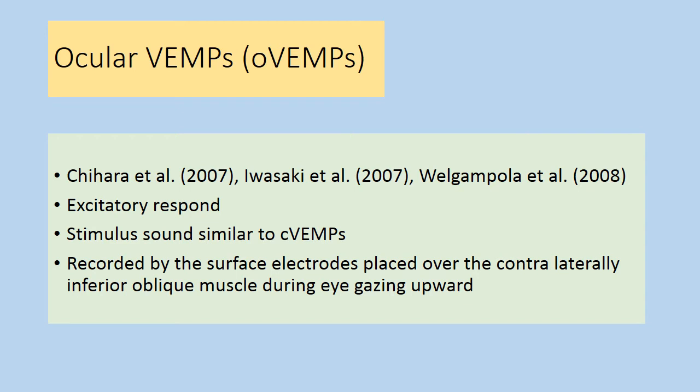OVEMPs can be recorded by surface electrodes placed over the inferior oblique muscle during eye gazing upward upon receiving sound stimulation. The electrodes were placed contralaterally due to the cross projection of the VOR.